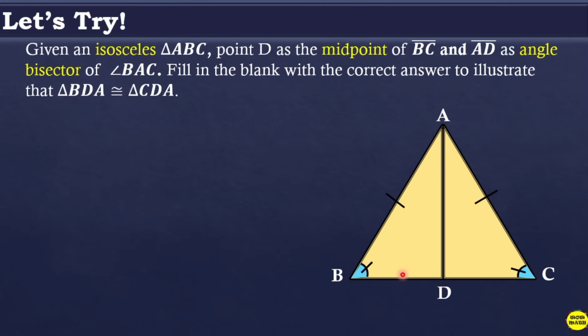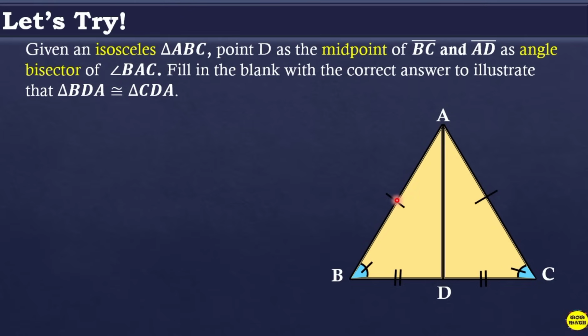So, lagyan natin ng mark. So, tatandaan na kapag midpoint, ibig sabihin, hinahati niya yung segment into two congruent parts. Now, by the way, hindi ko na nabanggit.